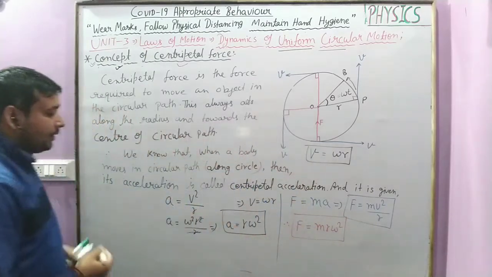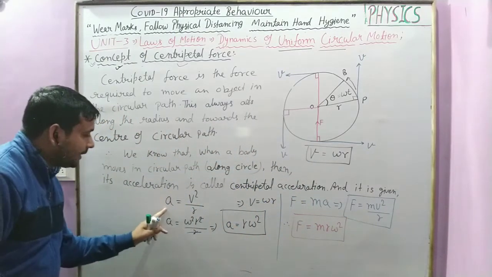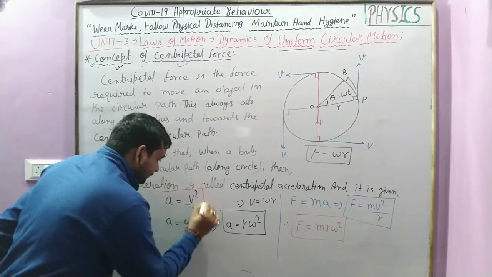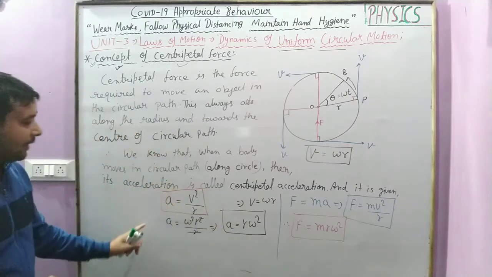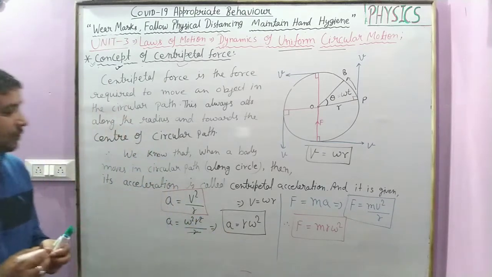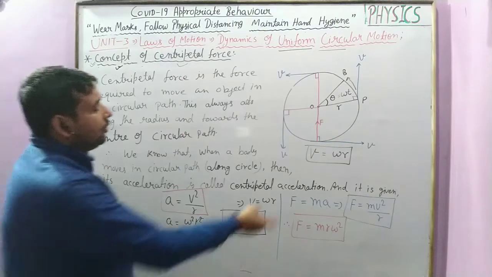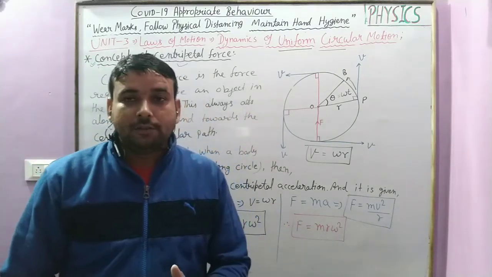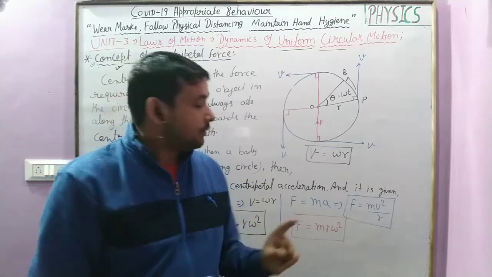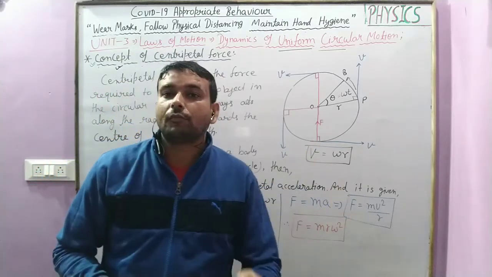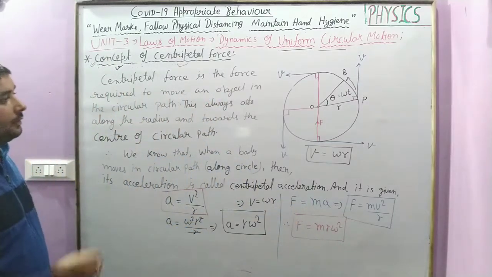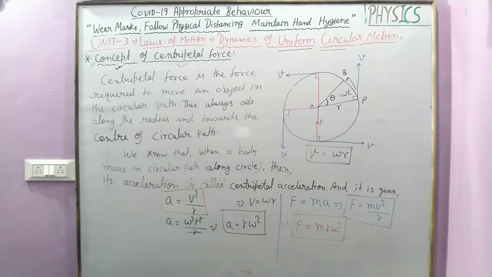We have the centripetal acceleration a equal to v square upon r, and the second value is a equal to r omega square. So this force is required in circular motion, or when an object is moving in a circular path. Okay, note down this.